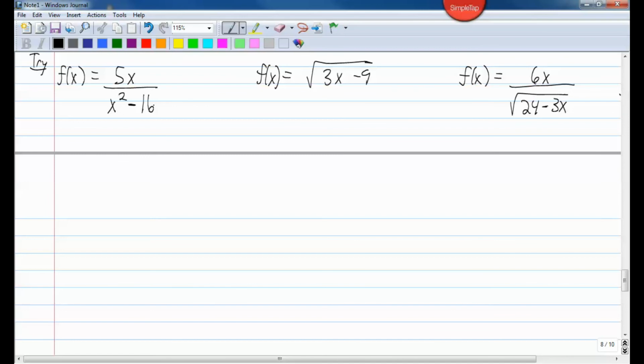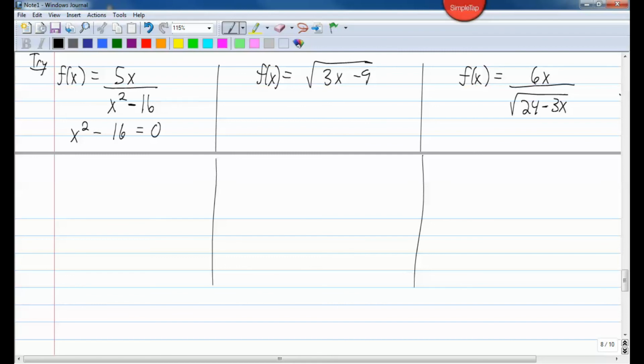Alright, so trying to figure out the domain of each of these functions. For this first function, I have a denominator, so I need to set the denominator equal to 0. This tells me what will make my denominator equal to 0.